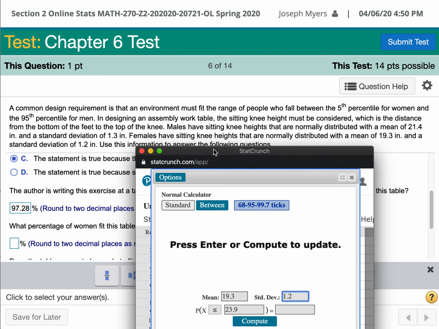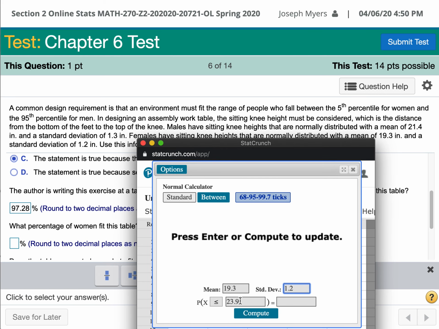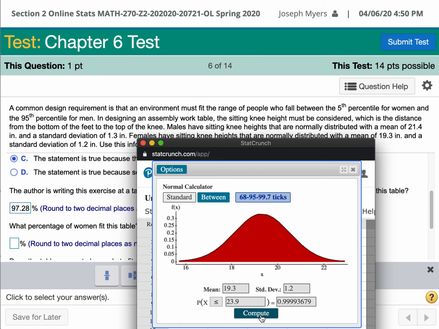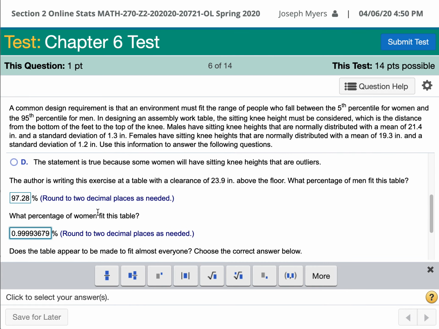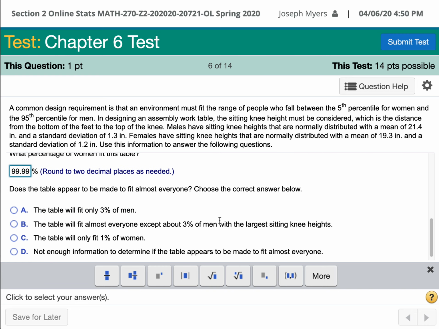So now what's the probability for the women that their knees will be able to fit under a desk or a table that has a height of 23.9? That's equal to 0.99993679. If I move the decimal point over twice to convert it to a percentage, it'd be 99.99, rounded off to 2 decimal places, so 99.99%.